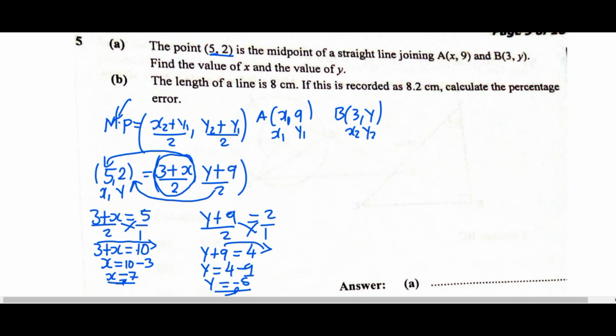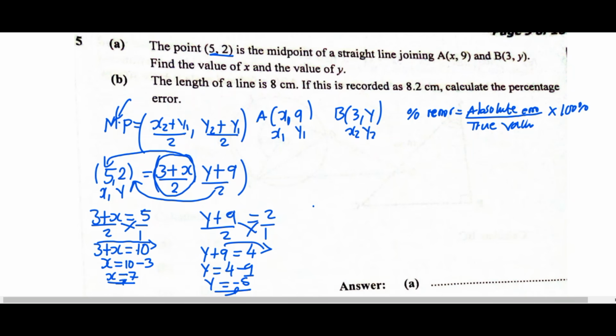Then for question B, the length of a line is 8 centimeters. If this is recorded as 8.2 centimeters, calculate the percentage error. So percentage error is equal to absolute error over true value multiplied by 100%. Now we have the true value. The true value is 8 centimeters. So how can we find the absolute error?